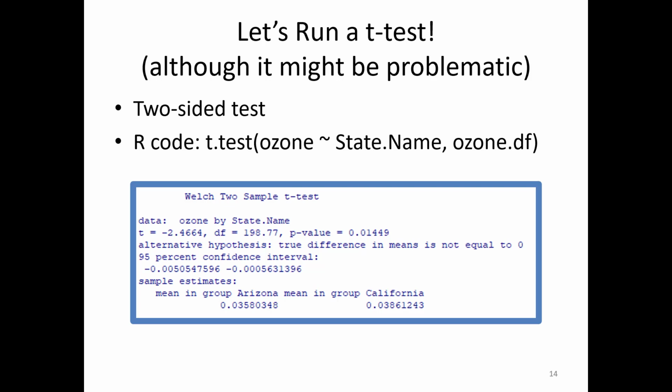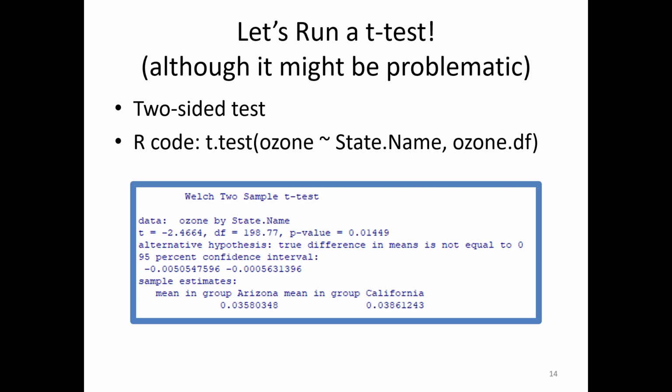The Welch two-sample t-test. We get a t of negative 2.4664. I ask you, why is that negative? Right, because we're calculating Arizona minus California. That's how R is reading it. It calculates the degrees of freedom and gives us a p-value of 0.01449.